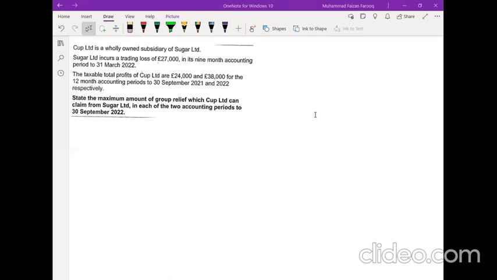Right. Till now, whatever we learned, all the companies of the group have the same accounting period. Means if the year end is 31st December for companies A, B, C, D, all the members of the group have the same accounting year. That's what we learned in part 1.